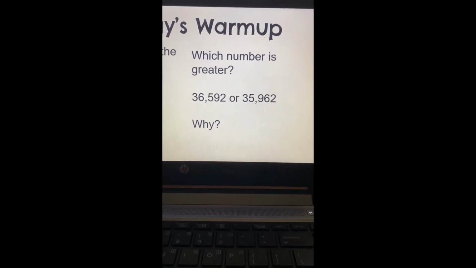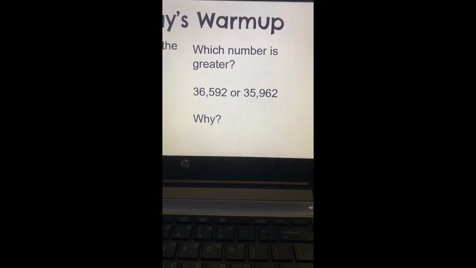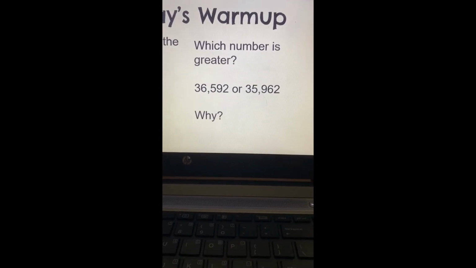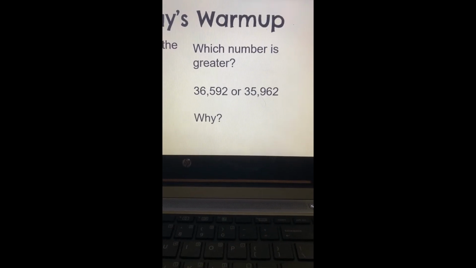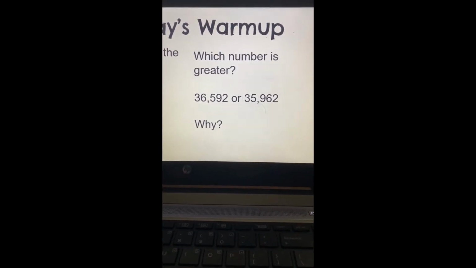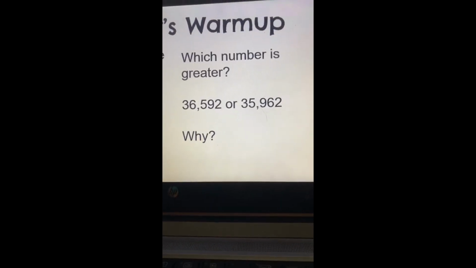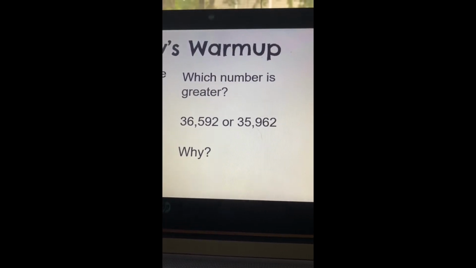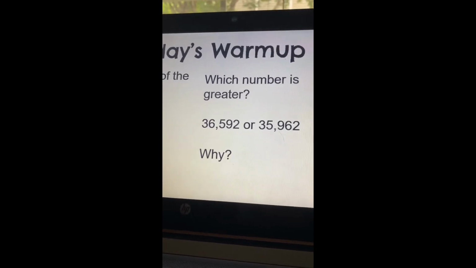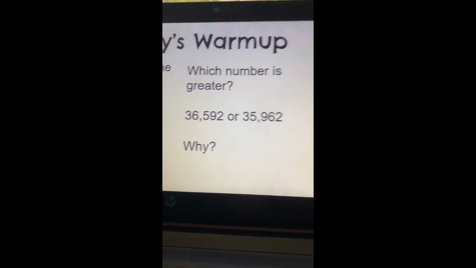Which number is greater, 36,592 or 35,962? I want to go ahead and give you maybe a minute and a half to figure out which one is greater, and then answering this most important question, why? Why is that number greater?